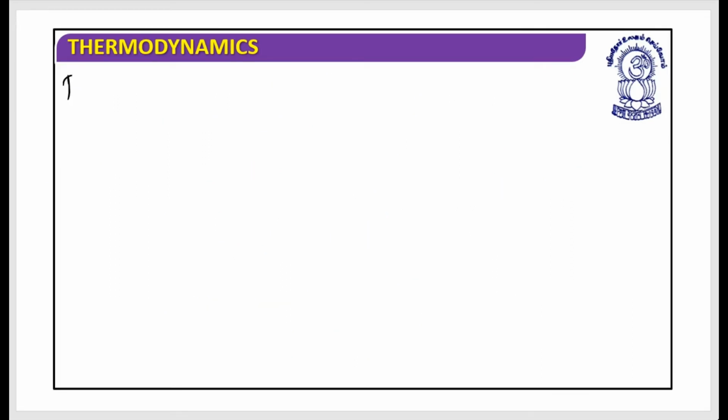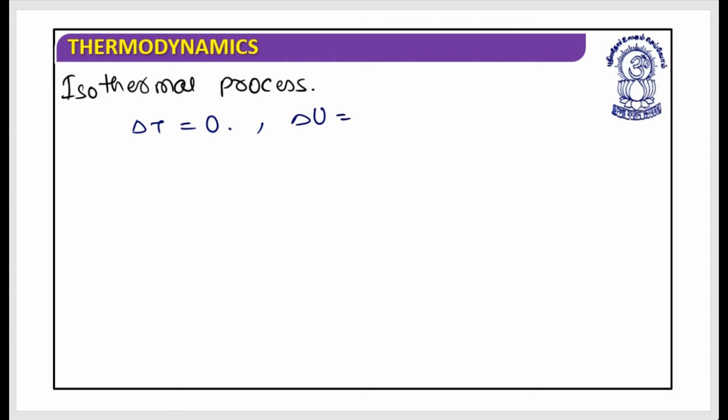So in the case of an isothermal process, change in temperature is 0. If temperature is not going to change, then delta U would be 0, because internal energy depends only on the temperature. I hope this is clear. Great. So do you understand what delta U is?